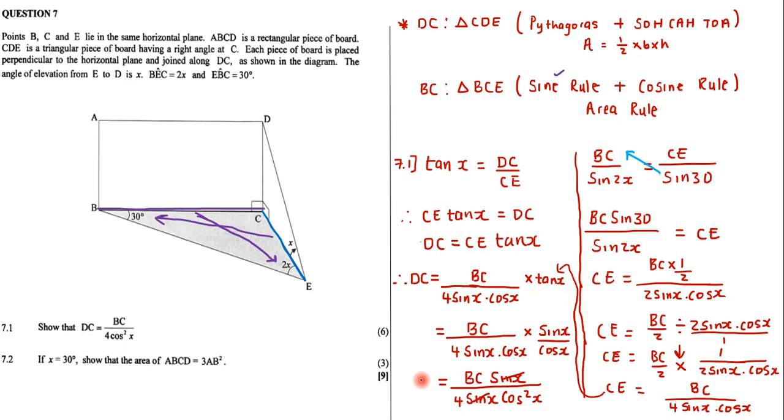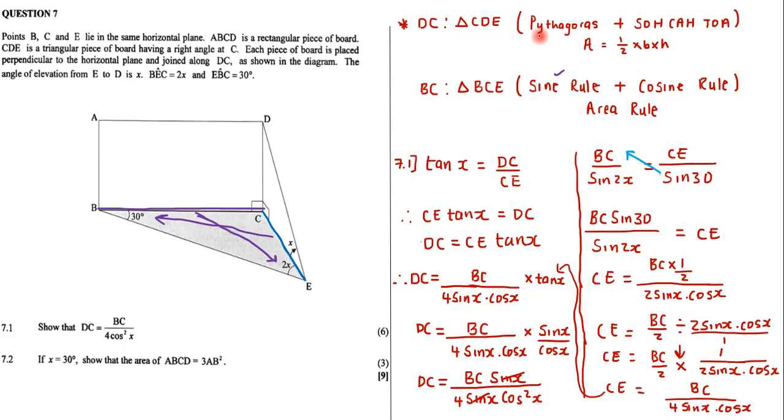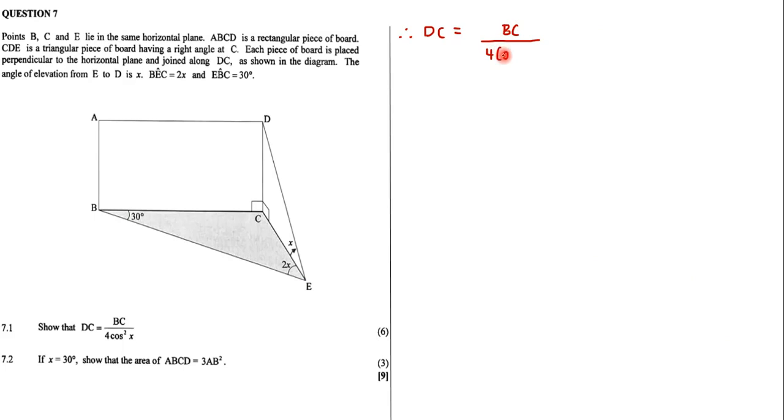Then this cancels with that, and from that you can see that the value for DC will then be BC over 4 cos squared x, and that is basically how we prove that DC is equal to BC over 4 cos squared x. All right, so that is how we find the first one.